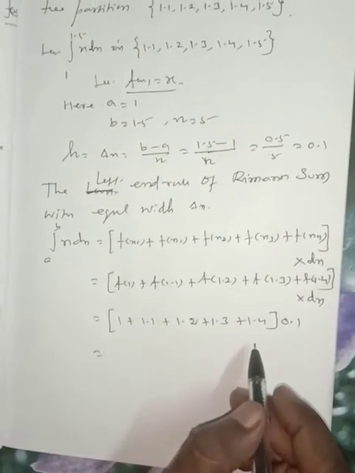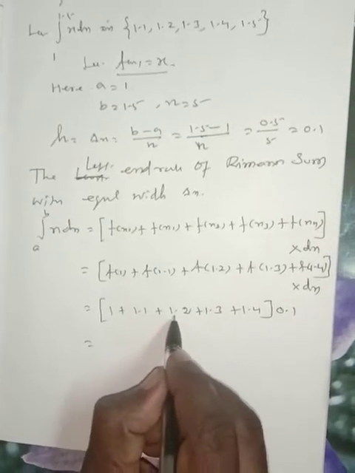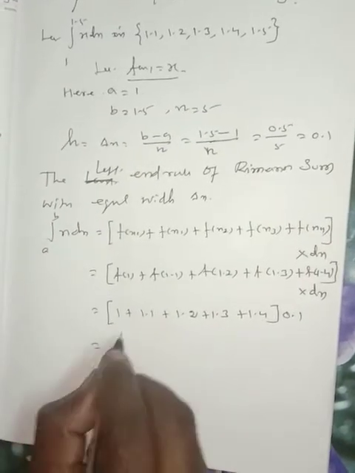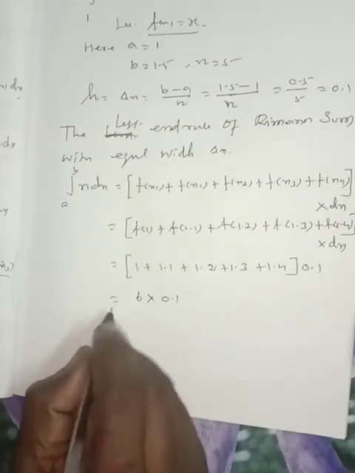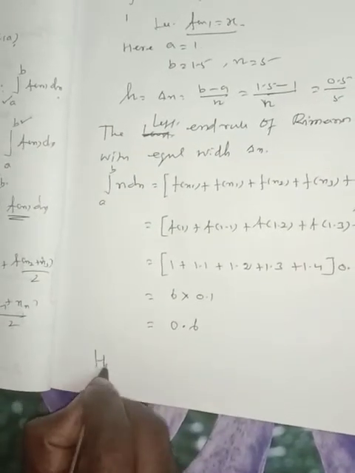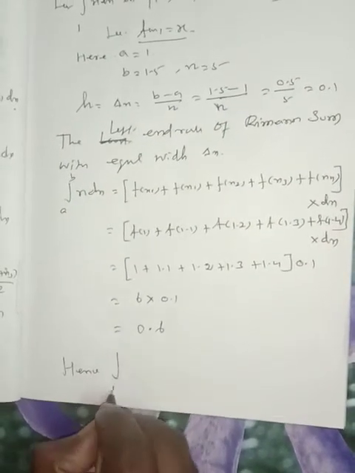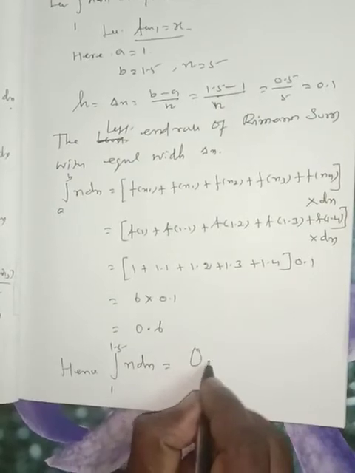Adding: 1.4, 2.7, 3.9, 4, 5, 6. So 6 into 0.1 is 0.6. Hence the approximate value of the Riemann integral using the left hand rule, the integral from 1 to 1.5 of x dx, is equal to 0.6.